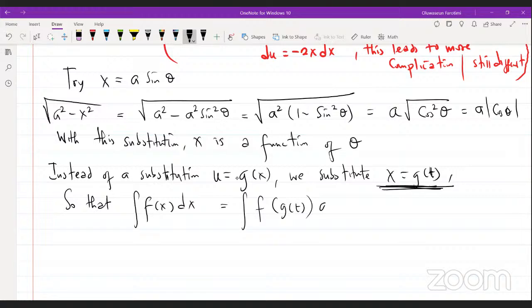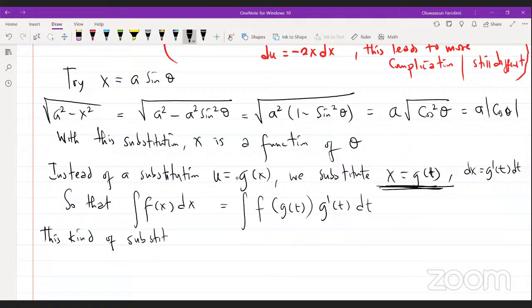Dx means differentiate this guy with respect to t, so dx is just going to be g prime of t dt. And this actually has a name. This kind of substitution is called inverse substitution.